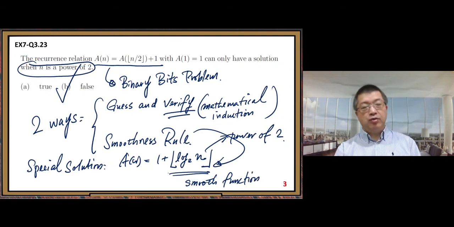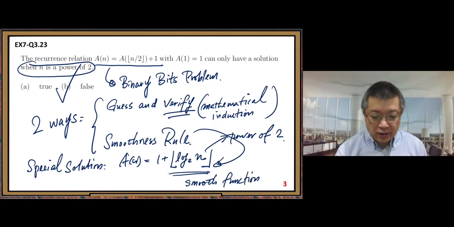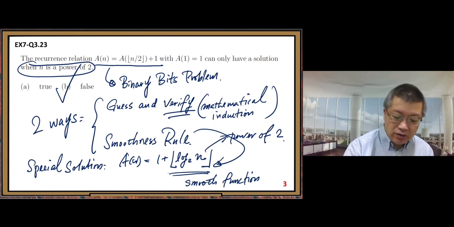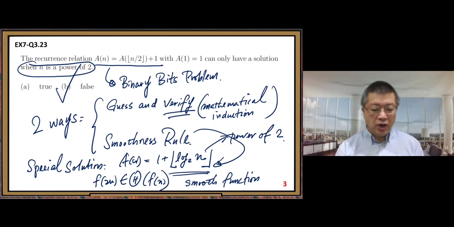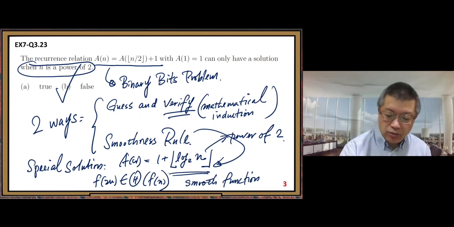But not calculus smooth, in our algorithm context. So we need to check if the function 2n is contained in this asymptotic notation class, then it is smooth.